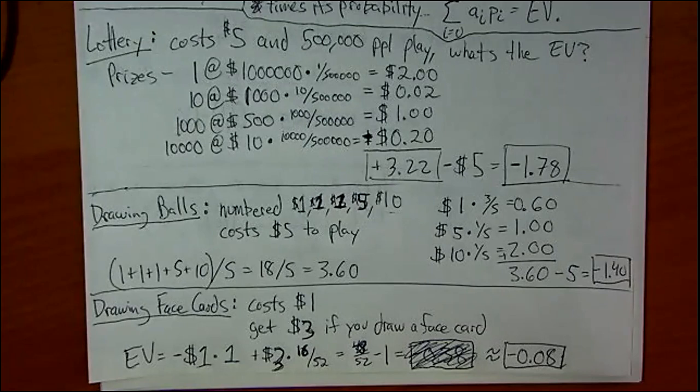Oh, maybe it is. No, that does make sense, right? Because you pay $52, and you make back, yeah, so it should, I'm sorry, no, you're right, it should be $4, right? You lose $4 for each deck of cards that you play.